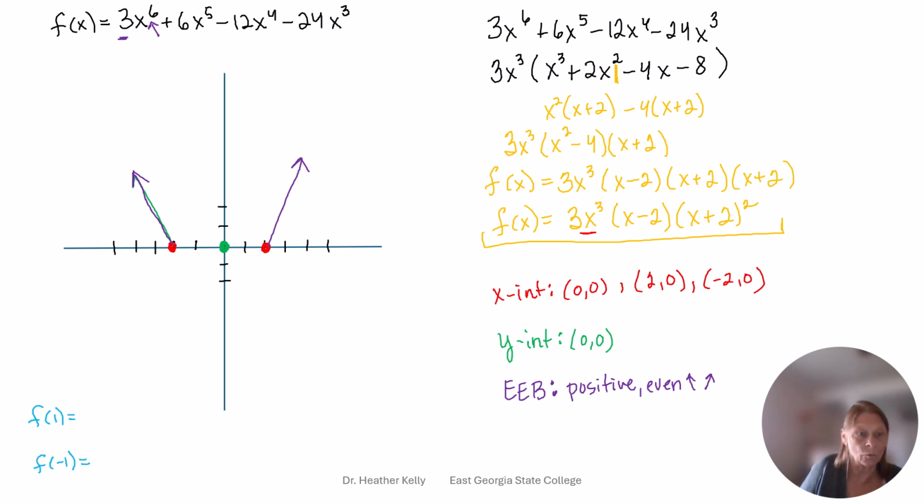For f of 1, I have 3 plus 6 minus 12 minus 24. That's 9 minus 12 is negative 3, so this is negative 27. So 1 and negative 27, I'll stick that right here.